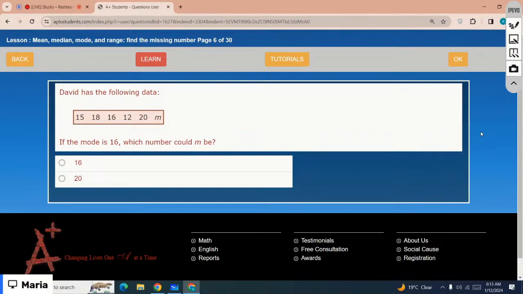So you have it only once in the data. So that means M must be 16. The correct option is 16, right? The correct option is 16.